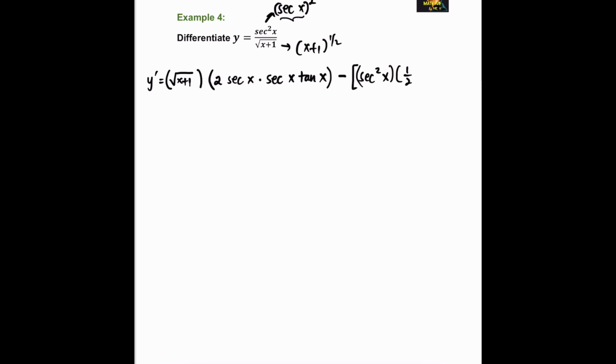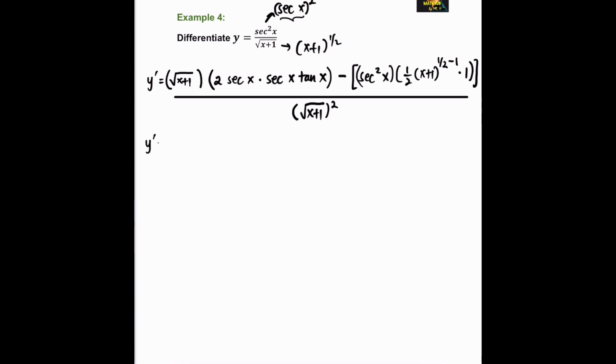So 1/2 times x plus 1 to the power of 1/2 minus 1. And remember, chain rule, so derivative of the base. So derivative of x plus 1 is 1. So times 1 divided by the square of the denominator. And then what we need to do next is to simplify, obviously, the numerator.